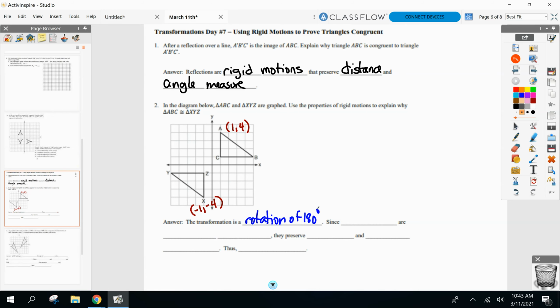All right, you did a rotation. Since rotations are what? Rigid motions. It's the same all throughout. You just got to find what you're doing. Okay, since rotations are rigid motions, they preserve distance and angle measure.